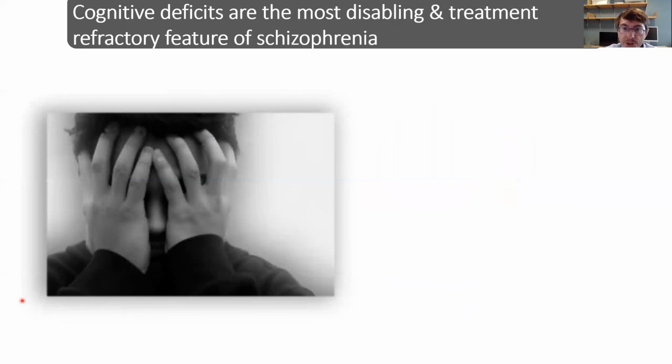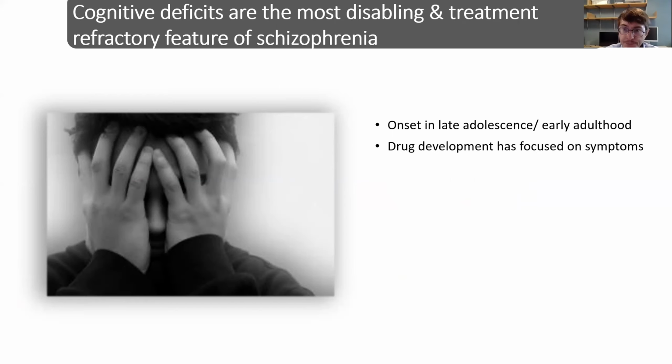So now I'm going to transition over to schizophrenia. This might be a little less familiar to people in this group, so I want to go through this a bit more. Generally the onset of schizophrenia is in late adolescence or early adulthood.